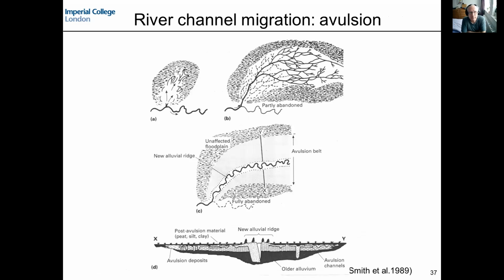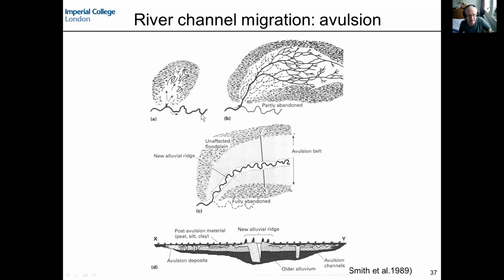Okay, I said a little bit about this term avulsion, so let me just repeat that again. You've got a series of maps in here and a cross section at the bottom. The maps are maybe more informative in terms of explaining how rivers switch their position. So in A here we have a channel.